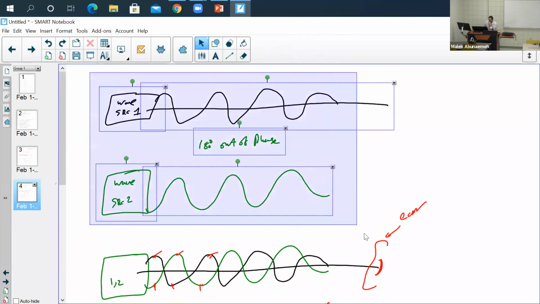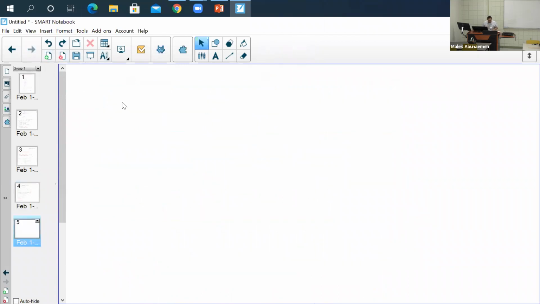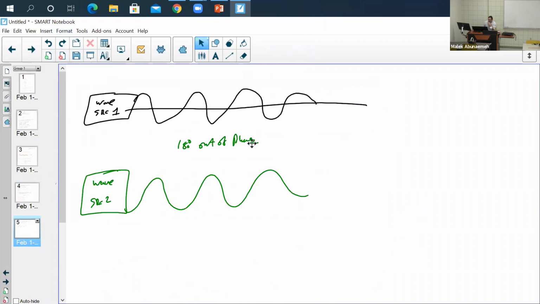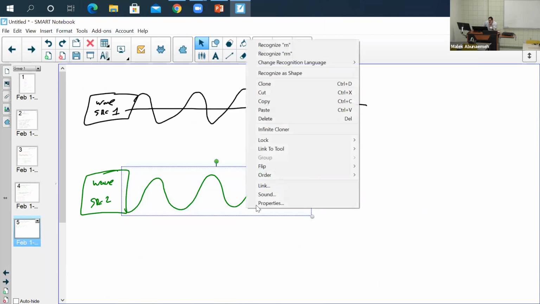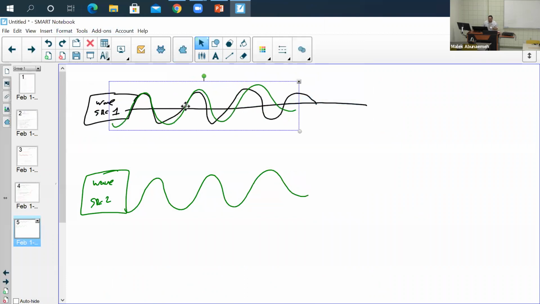Let me copy, paste. All right. So now if you got two waves, let's just take one of these waves. Copy, paste. So what would happen?